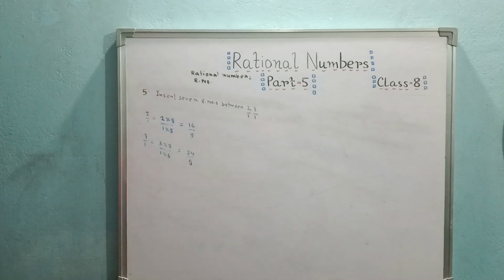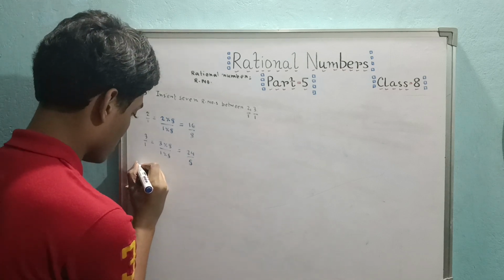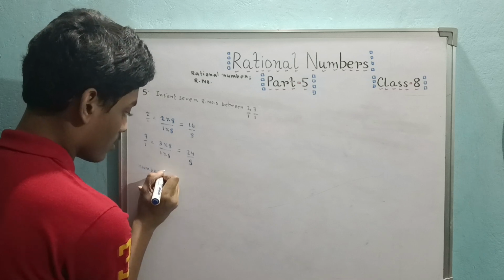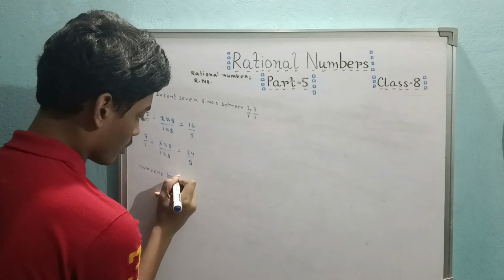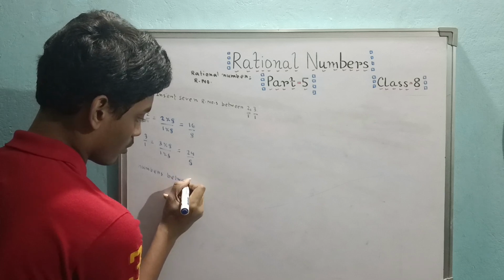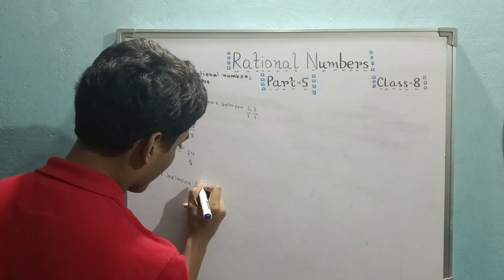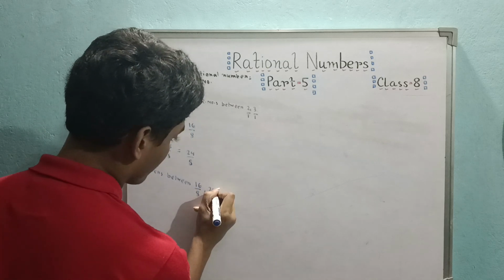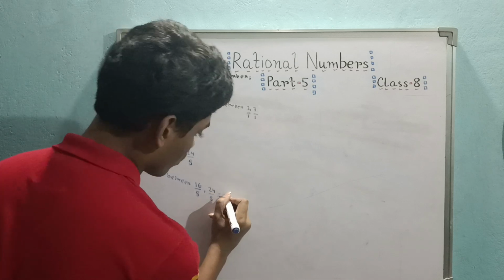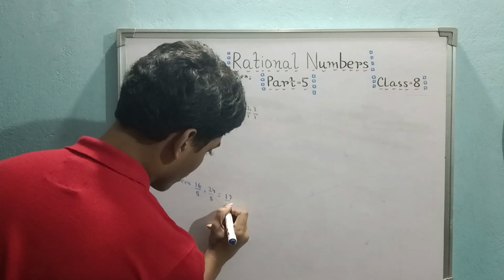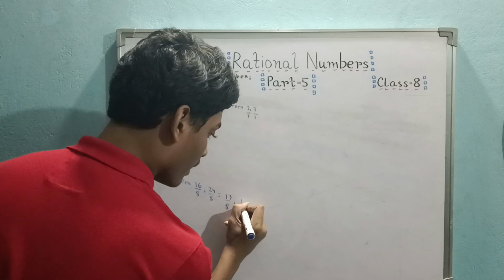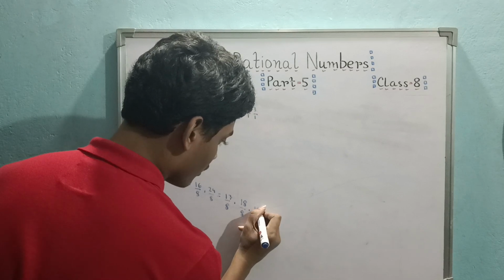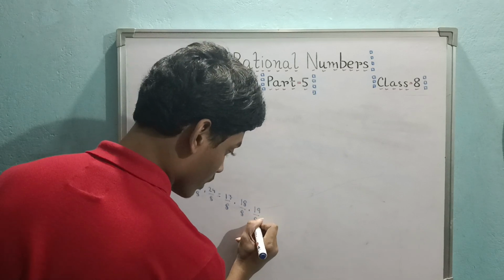Now see this. The numbers between 16 by 8 comma 24 by 8. What are they? 17 by 8 and 18 by 8, 19 by 8. 7 rational numbers we need.